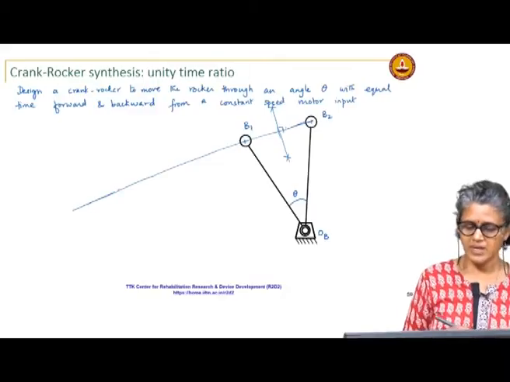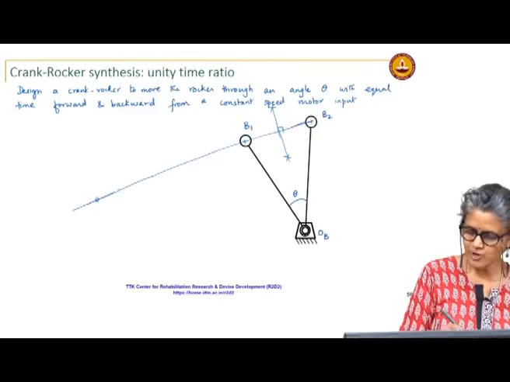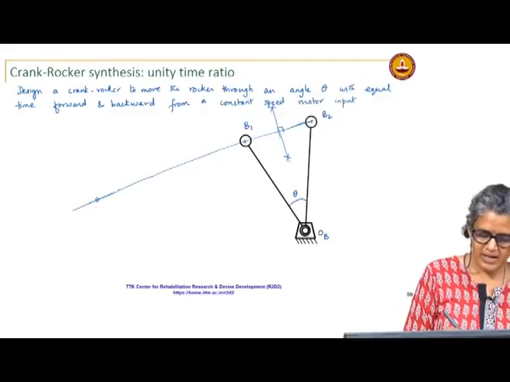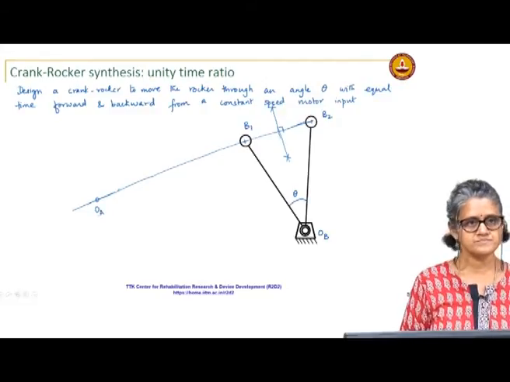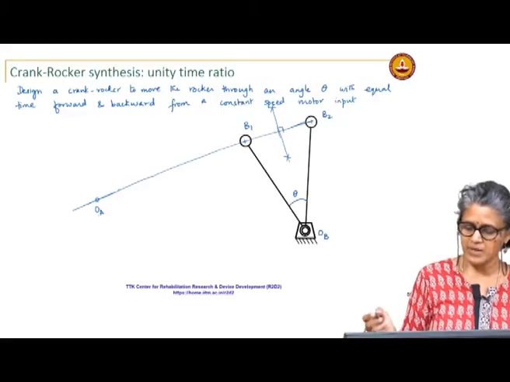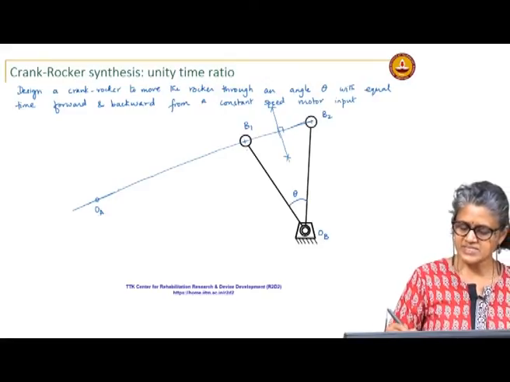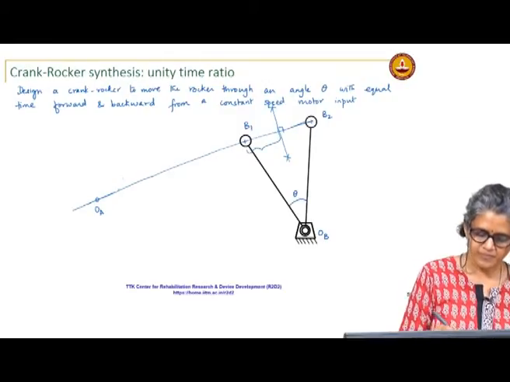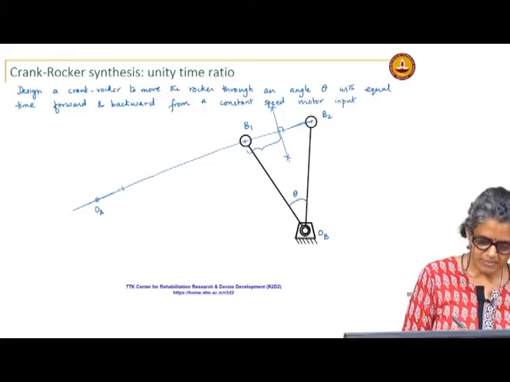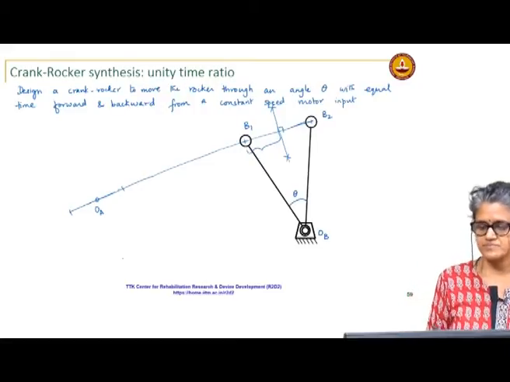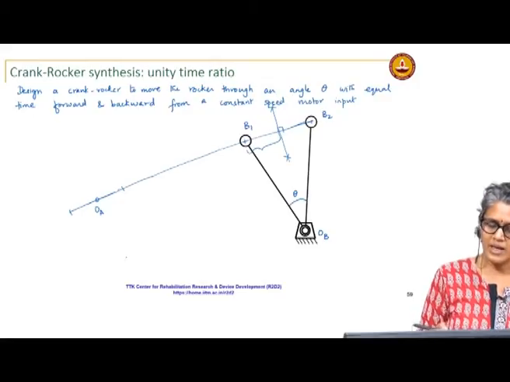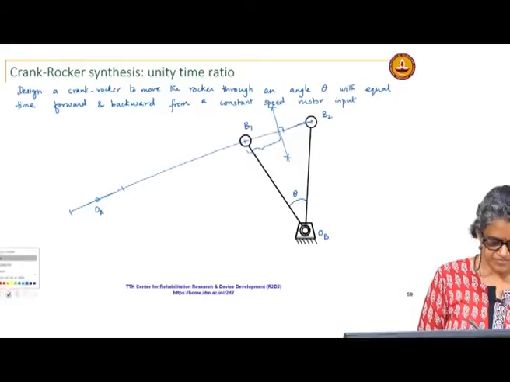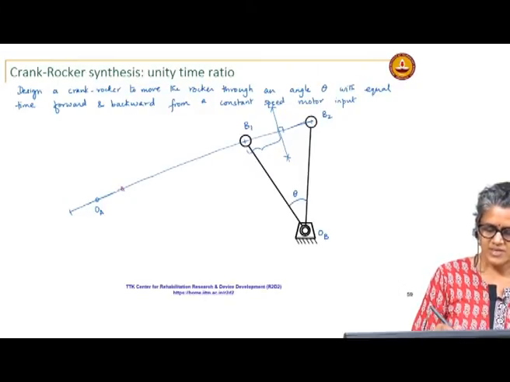Okay. Then I pick some point on this line and I designate it as OA. Okay, it will become clear why I am doing that. And then I take this distance, which is half of B1 B2, and I mark that on either side. Okay. And I say that this is A2 and this is A1.